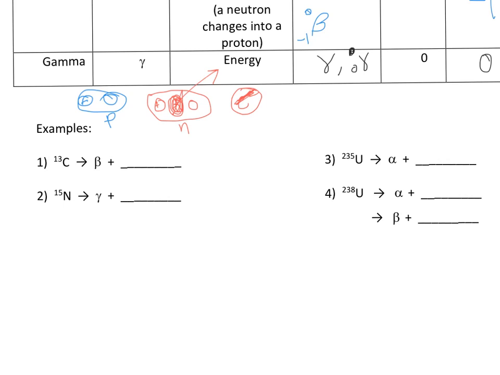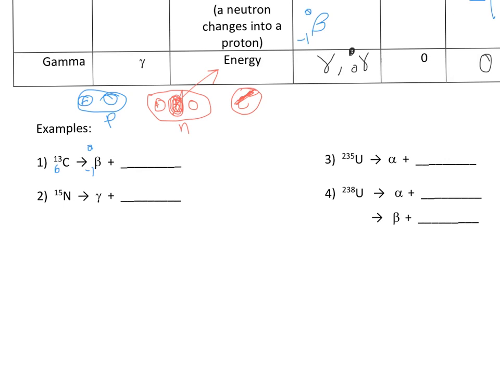It doesn't give us the atomic number, but that's easy to figure out because the atomic number is the number of protons, and that's what identifies the element. A carbon atom will always have 6 protons, or an atomic number of 6. So you can put a 6 down here. A beta, we said, has a mass number of 0, an atomic number of -1. And then we solve it.